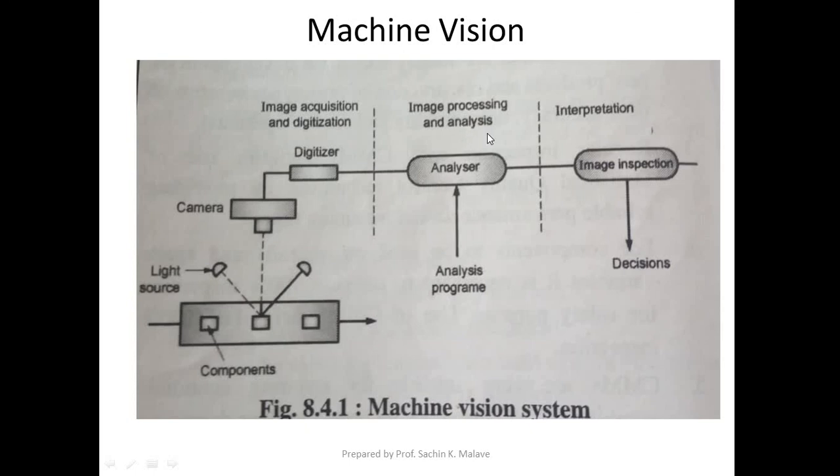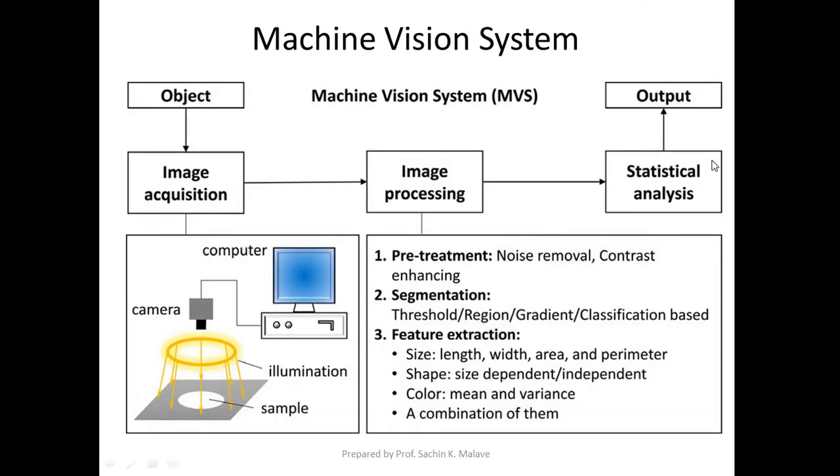Image processing and analysis is referred to as segmentation. As you can see, this is the second unit, the image processing. Image processing consists of segmentation, which is shown here. It is threshold, region, gradient, classification based.